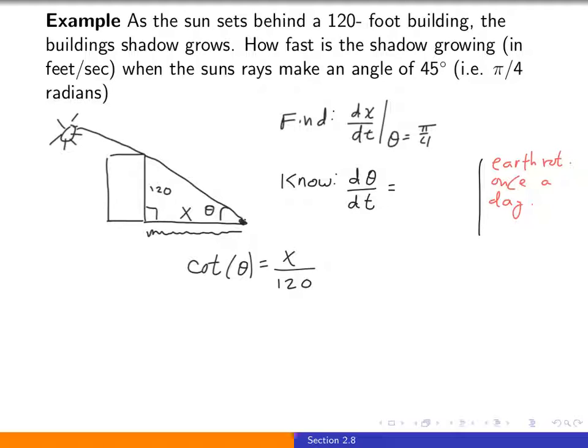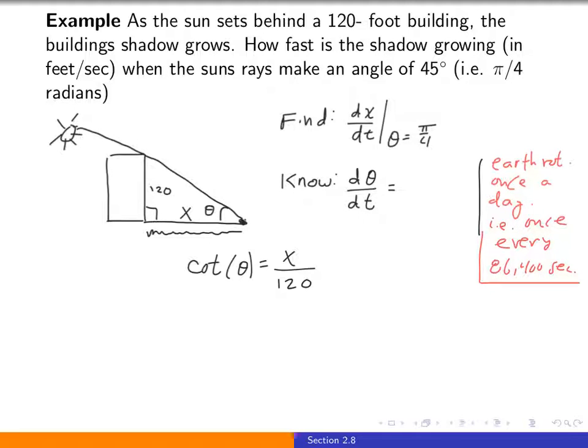Well, we want our time unit not in terms of days, but in terms of seconds. So how many seconds are in a day? If we do the math, it's going to be 86,400 seconds, i.e. once every 86,400 seconds.